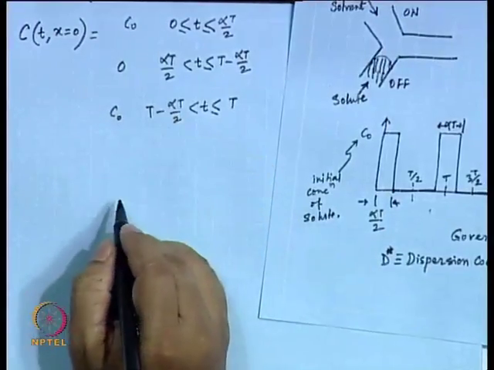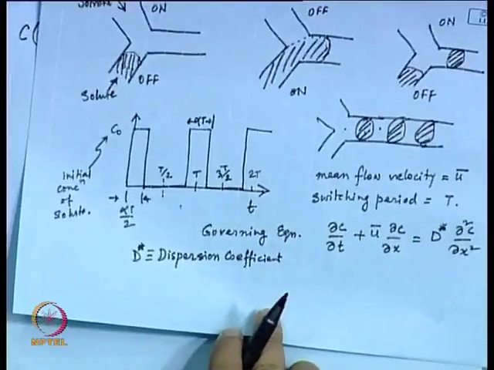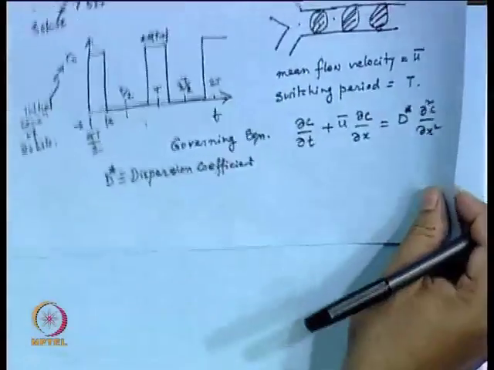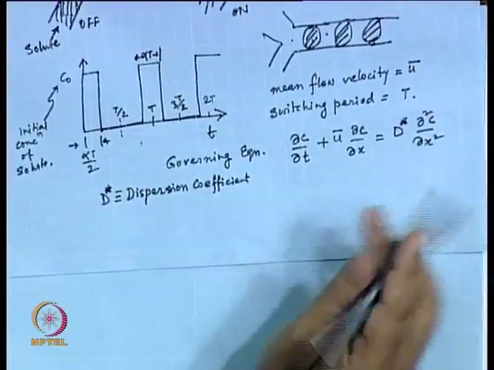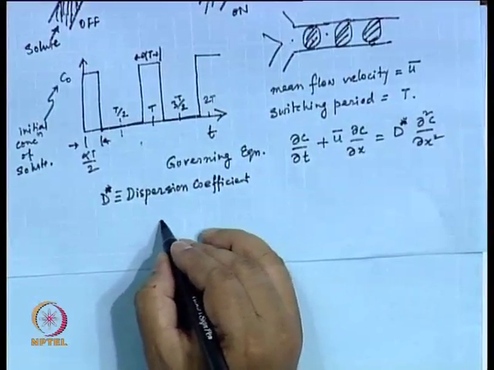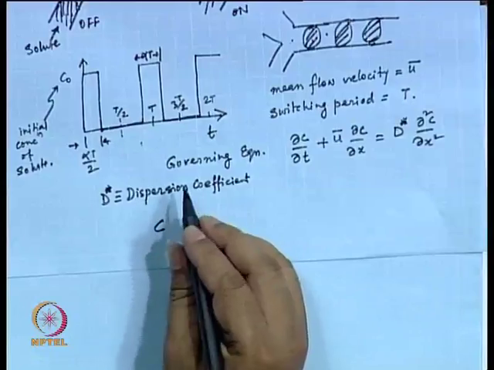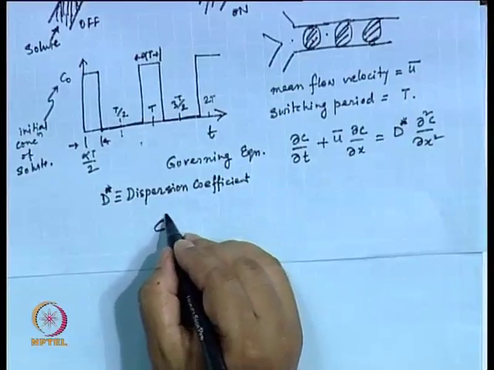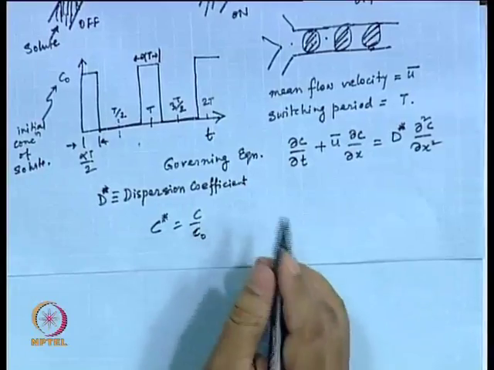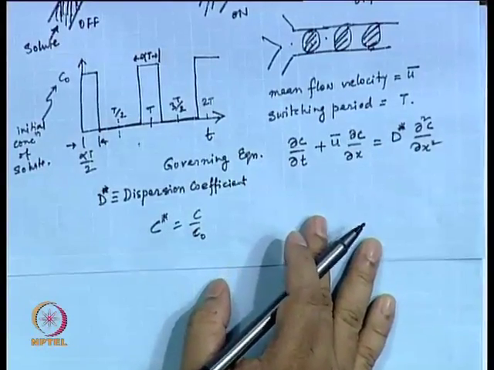Okay. Now, we have a governing equation, and that governing equation we can write in terms of dimensionless quantities. Say we write C star equal to C by C0, so we can make the concentration dimensionless.